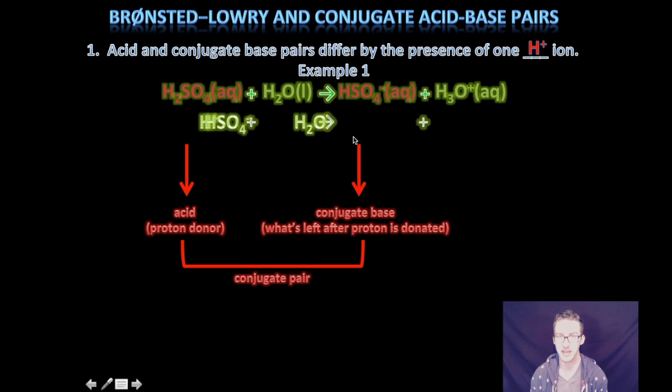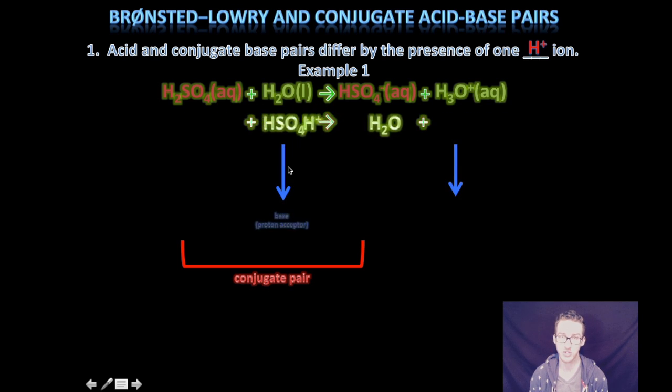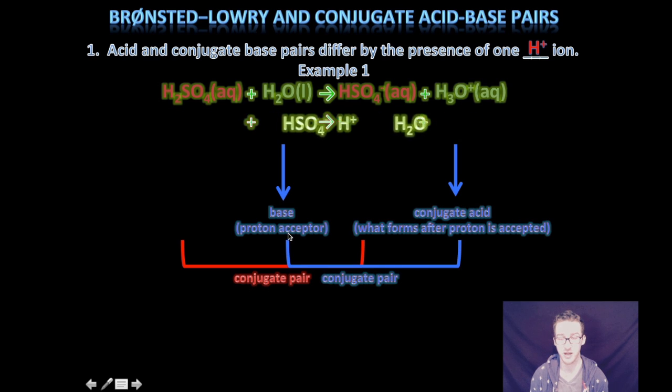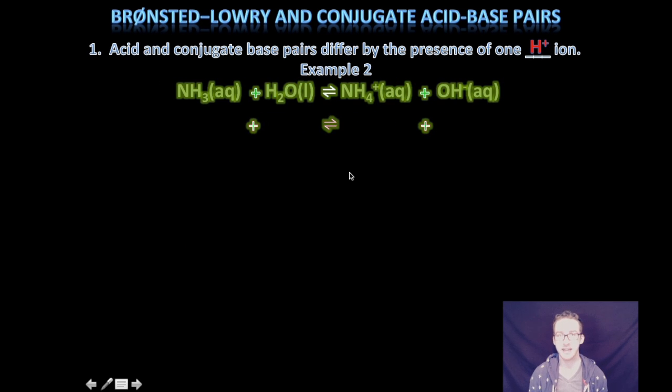In this case, HSO4-, or the hydrogen sulfate ion. We also have water, which is acting as a base or a proton acceptor, and its conjugate acid, or what forms after the proton is accepted, which is the hydronium ion. So conjugate acid-base pairs are just two species in the equation that differ by the presence of one hydrogen ion.